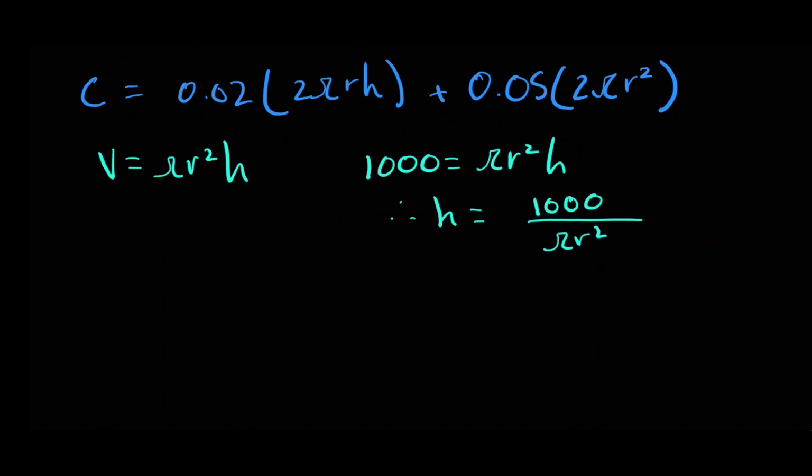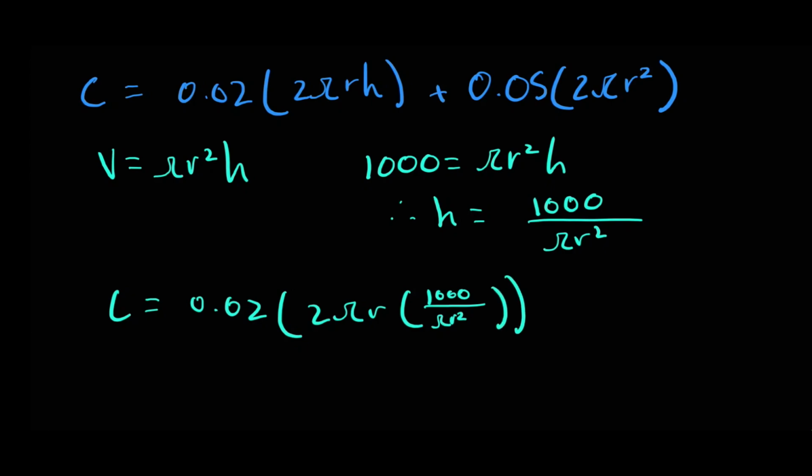So now we can rewrite the cost as 0.02 times 2 pi r times 1000 over pi r squared, plus 0.05 times 2 pi r squared.